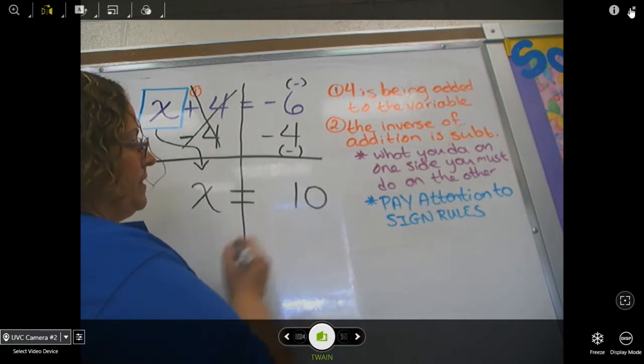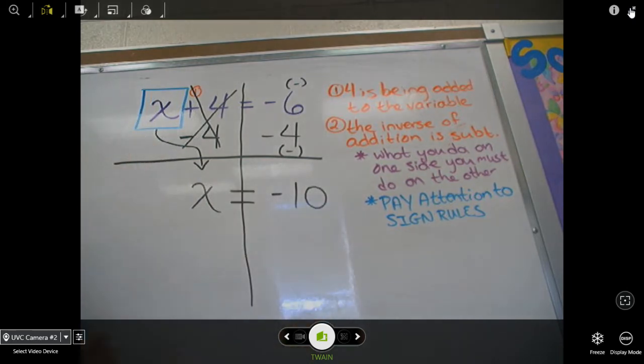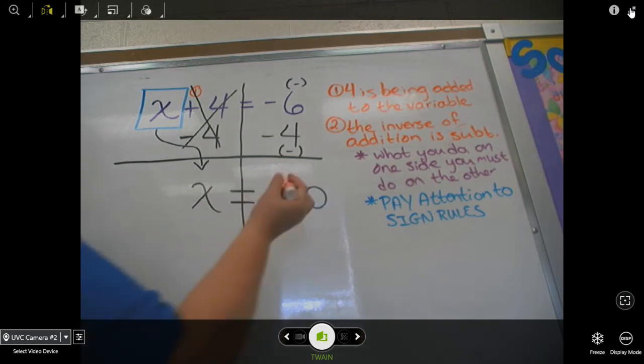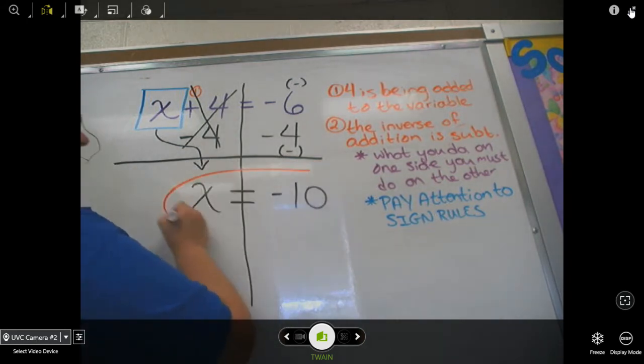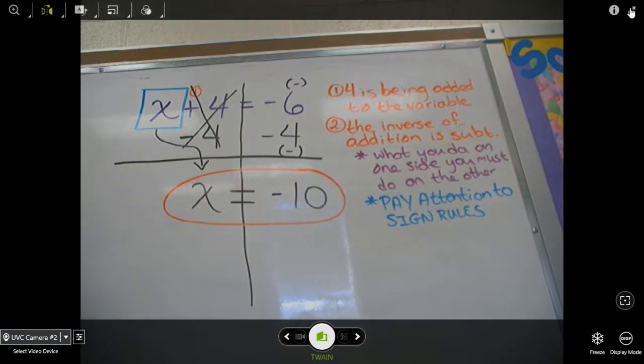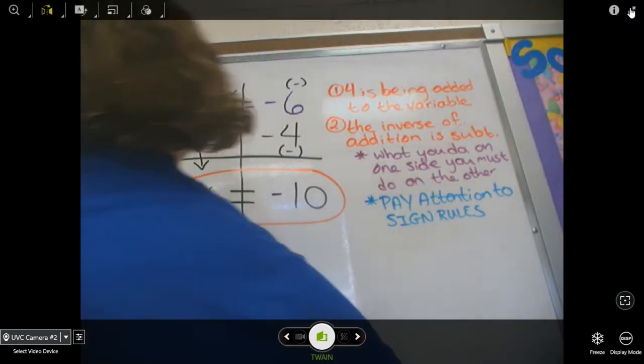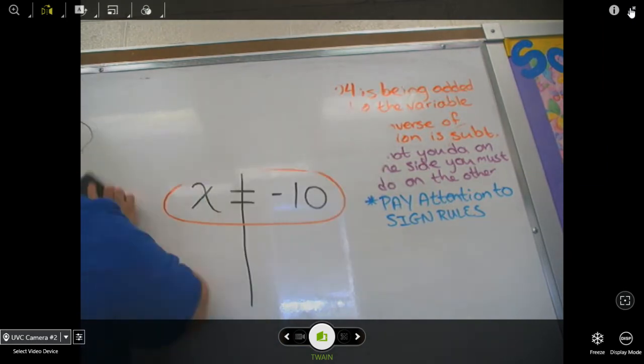So 6 plus 4 is 10, and I keep the sign. So my answer is x equals -10. That is your answer. Okay? All right, so that's that one. Let's do another one.